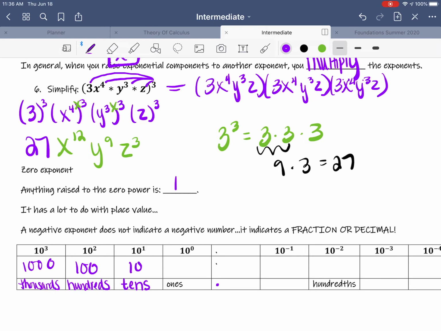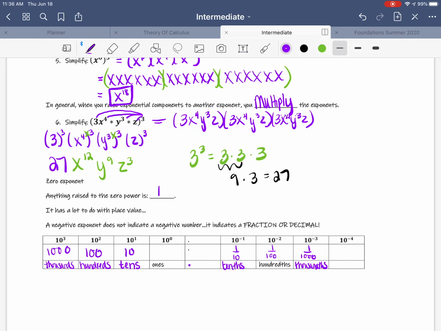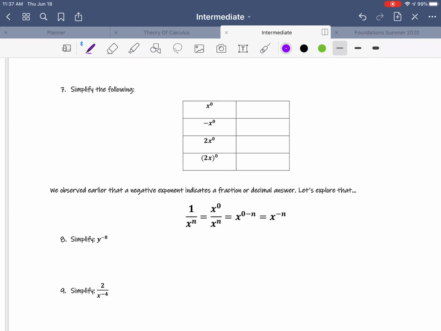And then symmetrically, if we go on the other side, this is just a decimal. 10 to the negative 1 would be tenths. 10 to the negative 2 would be hundredths, and so on. So the exponent indicates whether it's a whole number or a fraction or a decimal, kind of. I always thought that was kind of neat.